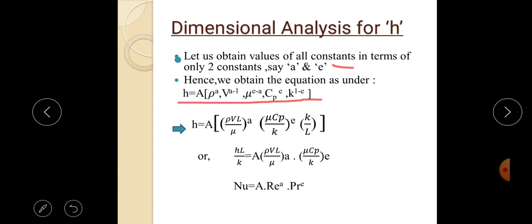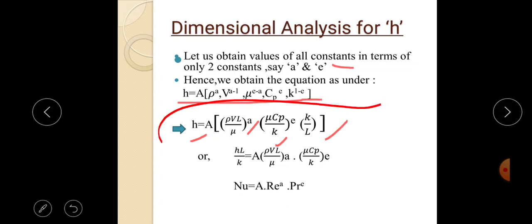A, rho raised to a, v raised to a minus 1, mu raised to e minus a, cp raised to e, and k raised to 1 minus e. So we have written all the variables in terms of two variables only, a and e. Now we can group them further. h is equal to A rho v L by mu raised to a, mu cp by k raised to e, and k by L.